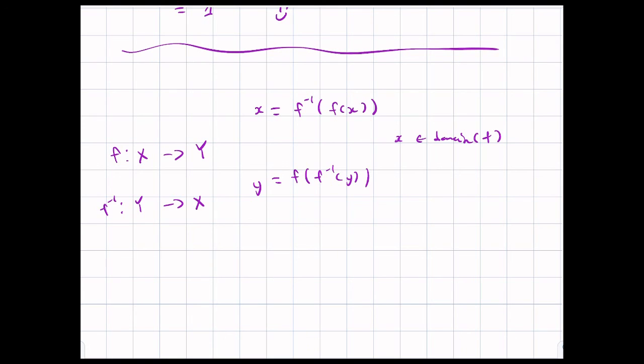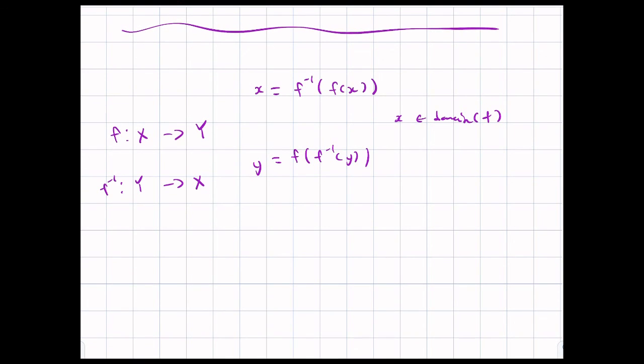And again, there's a bunch of details about that, which you can check out the invertibility videos for, but I just want to make it clear that the domain of f is not necessarily the same as the domain of f inverse, right? The domain of f inverse is the range of f, and the domain of f is the range of f inverse.